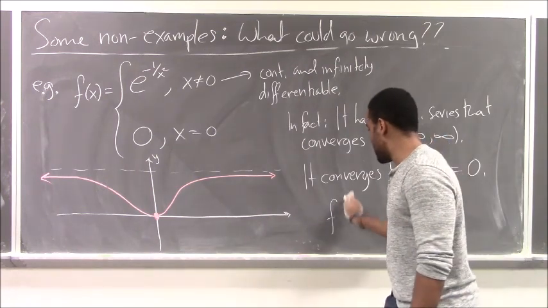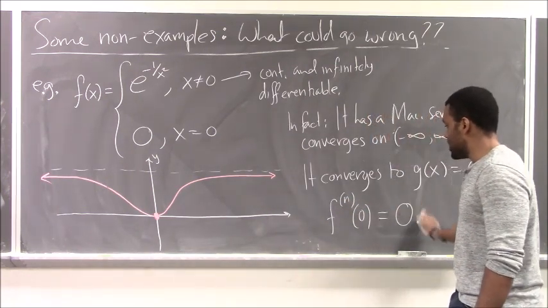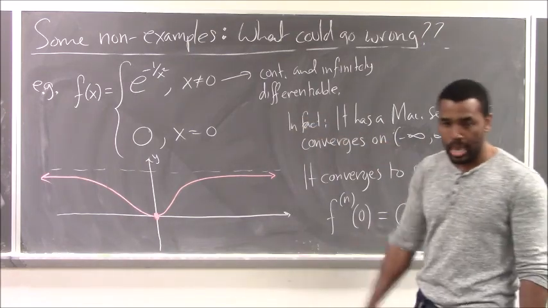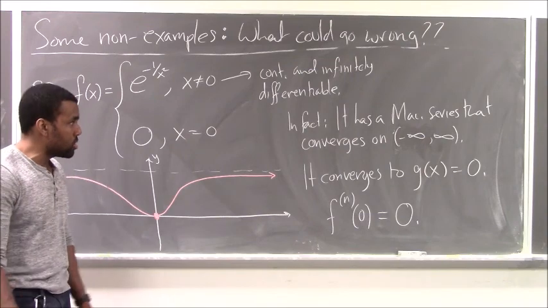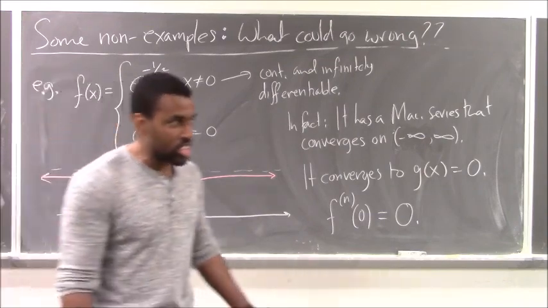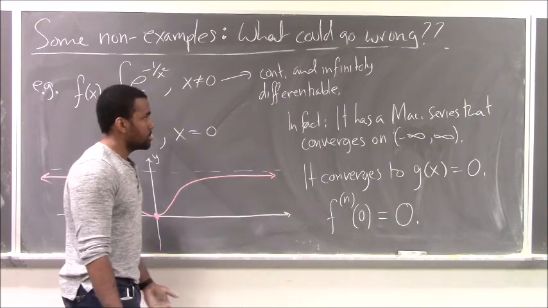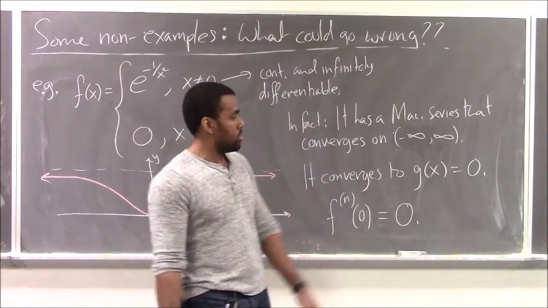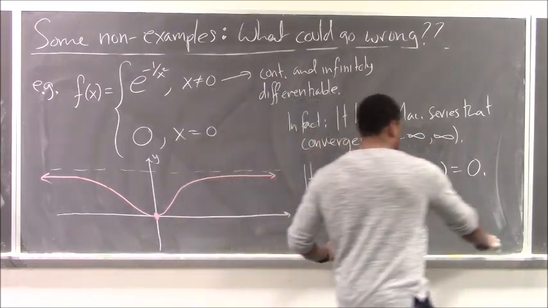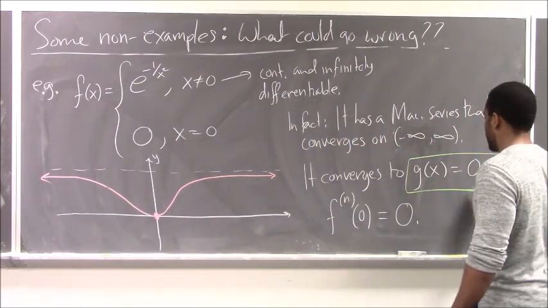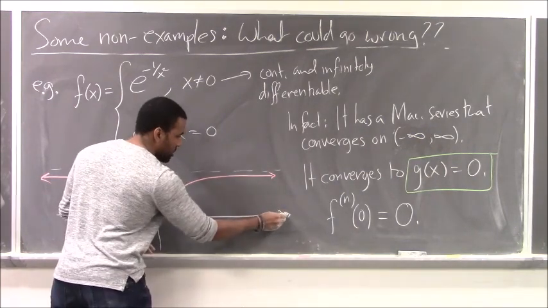You will have f to the n, the nth derivative evaluated at 0 will be 0 for this example. So your coefficients will always be 0, which means your Taylor series is actually a 0 series when x equals 0. But obviously the function 0, it only works out at that one point. So the Taylor series converges to this guy.